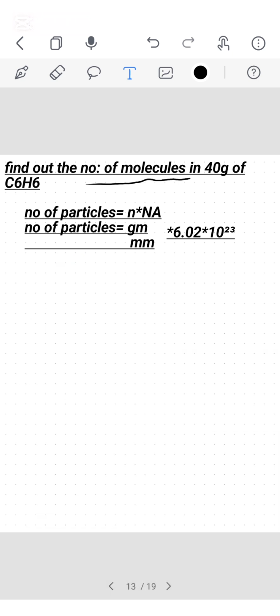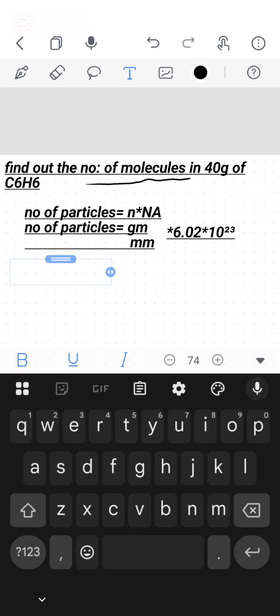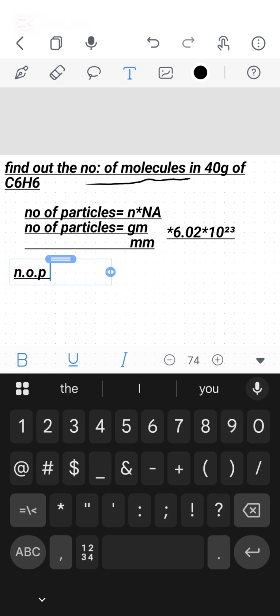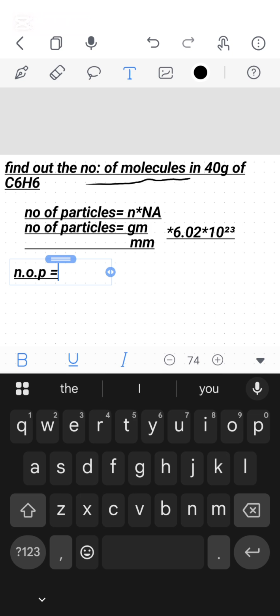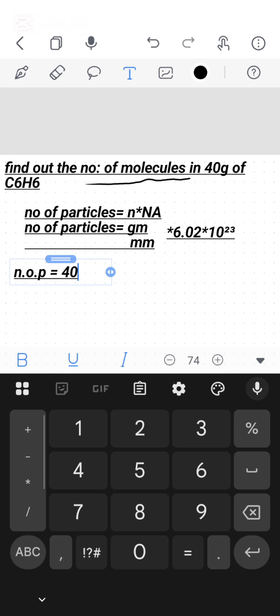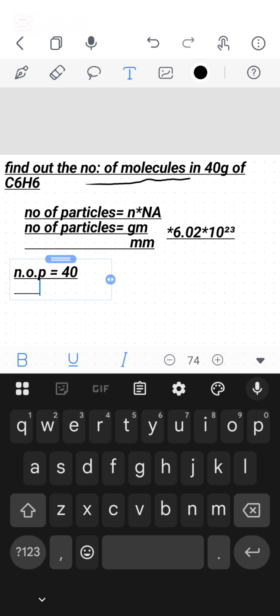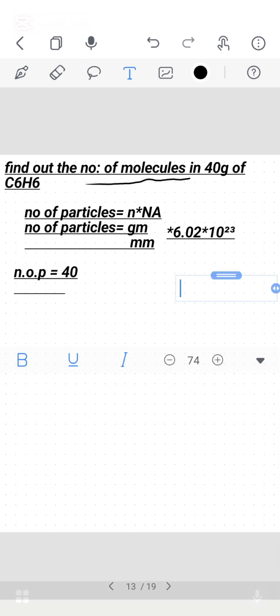Now we will be finding the given mass. I can write number of particles in the short form, NOP. NOP is equal to, what is our given mass? Given mass is 40 gram, and we need to find the molar mass of C6H6.